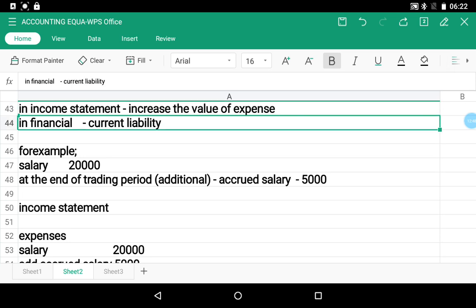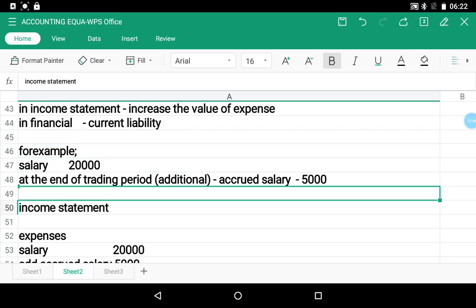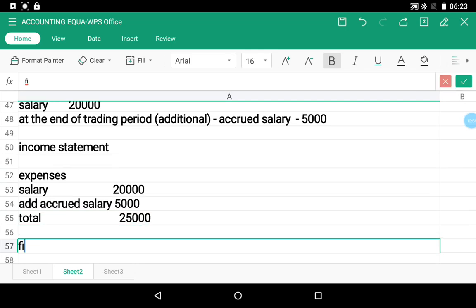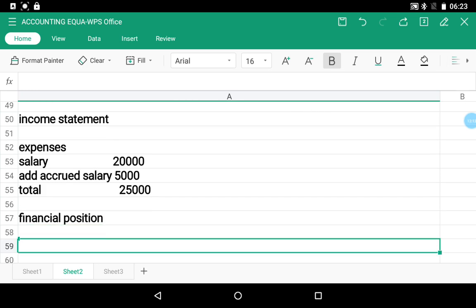So let us see how it is treated under financial position. So when we go to our financial position, of course, we start with assets, go to owner's equity, then you go to our liabilities, then you go to current liabilities.